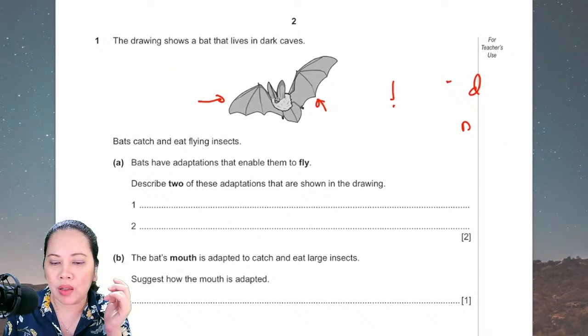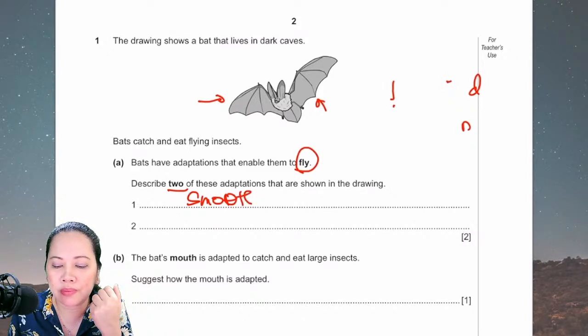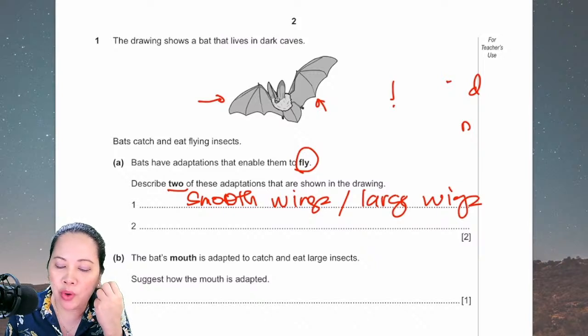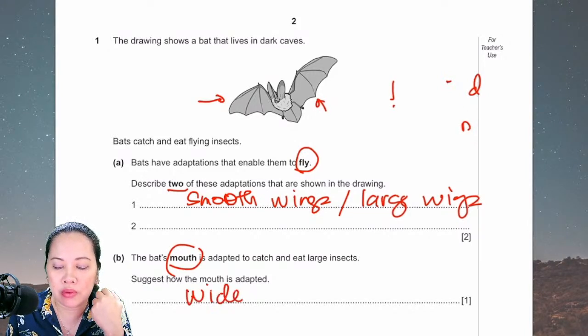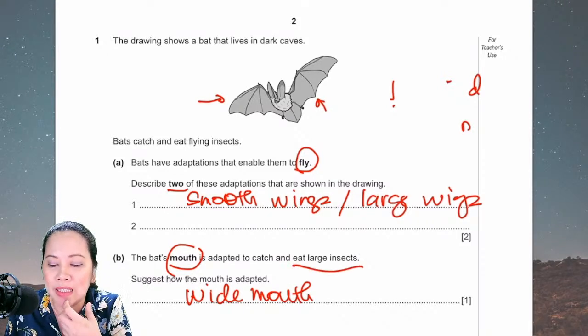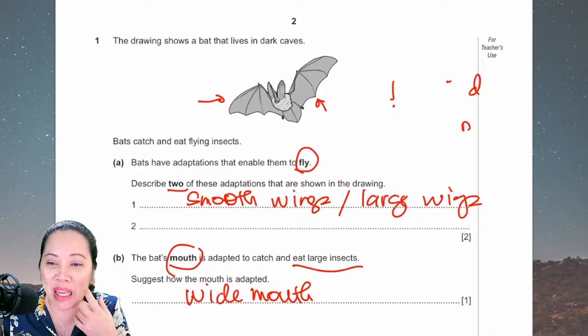Okay. So this one talks about wings because it's fly. So you can say smooth wings or large wings. For mouth, you could say wide mouth. That means that their mouth becomes wider because they have to eat large insects. Or you could say large mouth, big mouth.